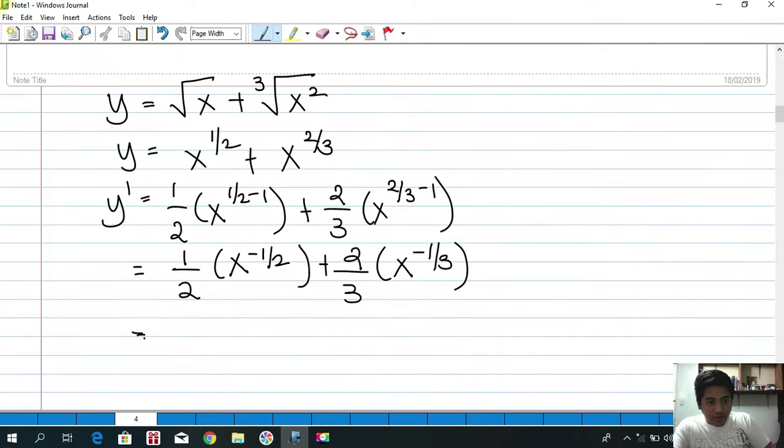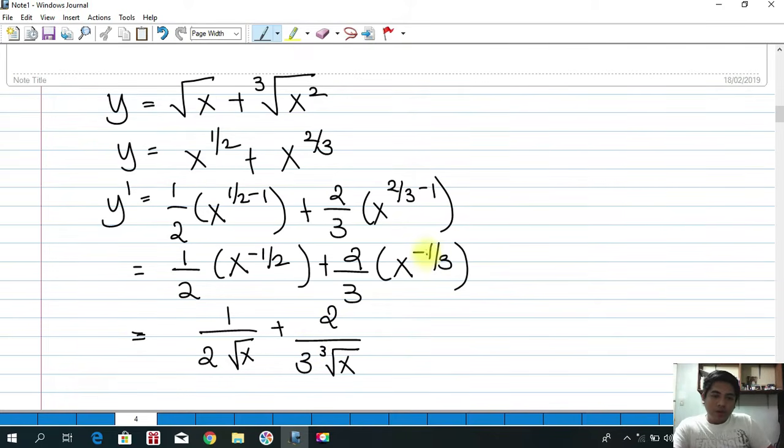Okay, so if we simplify this, we shall bring down or eliminate this negative exponent by getting the reciprocal of x. So we have now 1 over 2. Since that is raised to 1/2 already, we can say that it is the square root of x, plus 2 divided by 3. So 1/3, that is already the cube root of x.